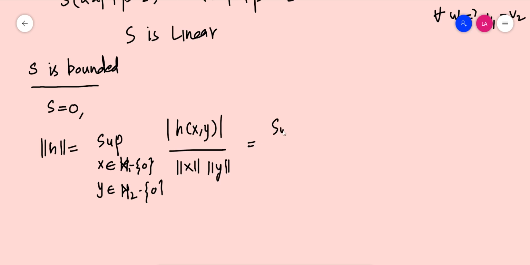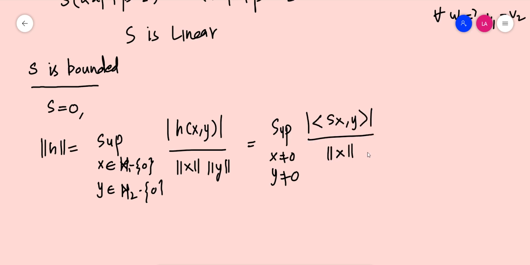So this is equal to the supremum, where x is not equal to 0 and y is not equal to 0, of h(x,y), which is the inner product (Sx, y), divided by norm of x times norm of y.